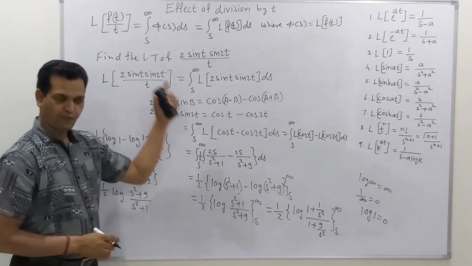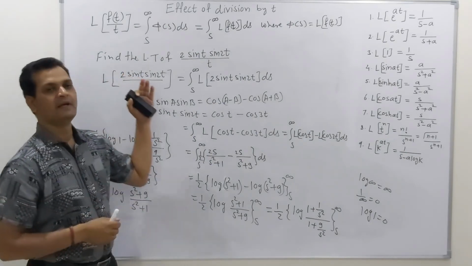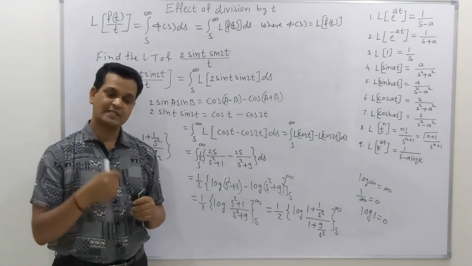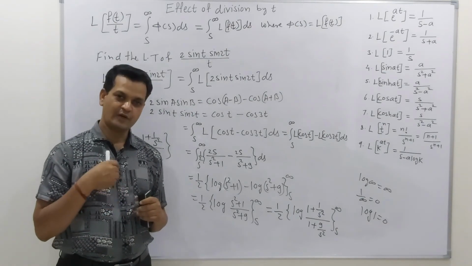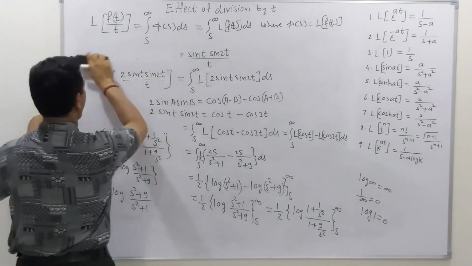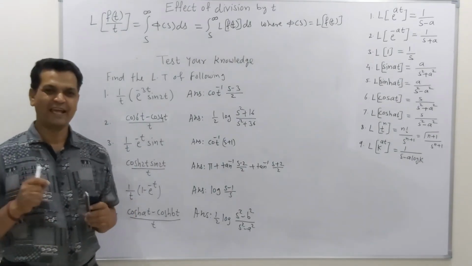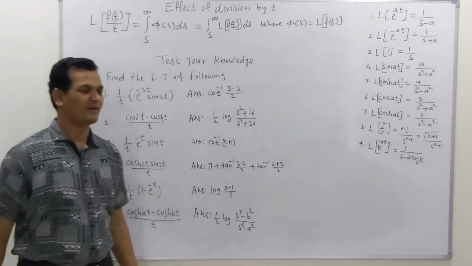So now here we solve near about 5 to 6 examples based on effect of division by t property. Now let's take some examples for your practice as an exercise. Now friends, time is to test your knowledge.